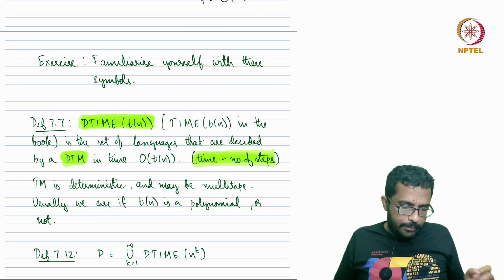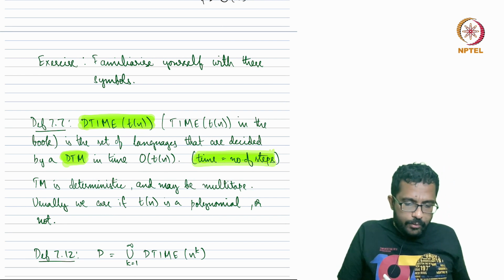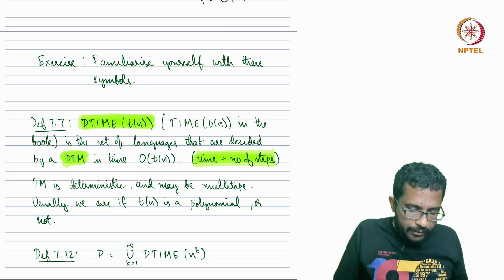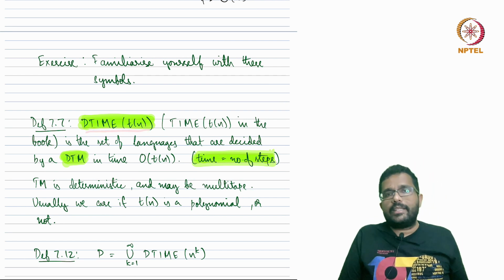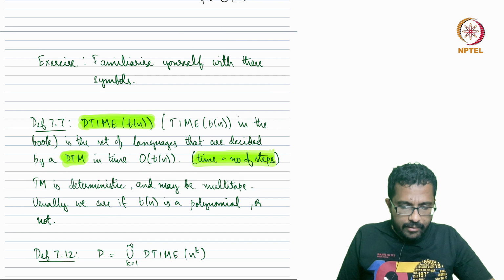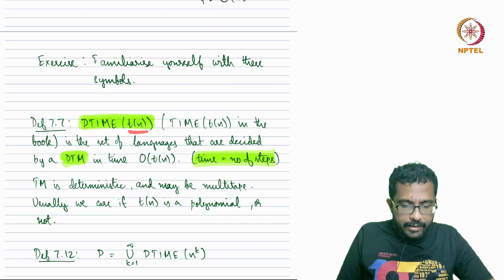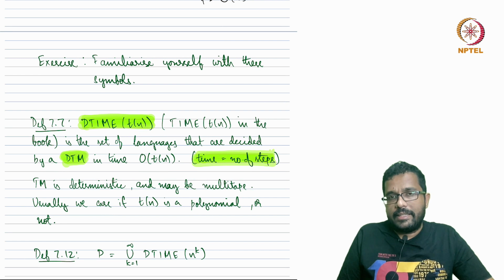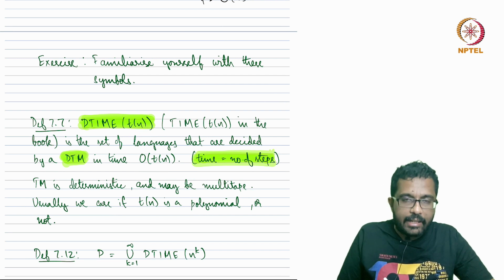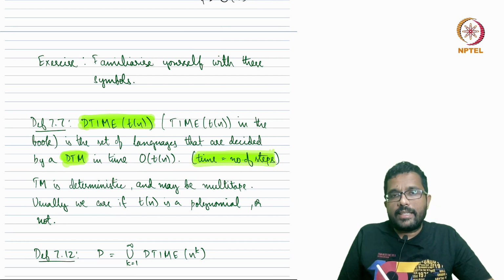However, depending on the function T(n), right now the way we define it is a deterministic Turing machine and it can be multi-tape, right? And this is okay because even though sometimes we look at specific functions for T(n), let's say T(n) can be n squared or n cubed, usually what we mostly care about is whether T(n) is a polynomial or not.